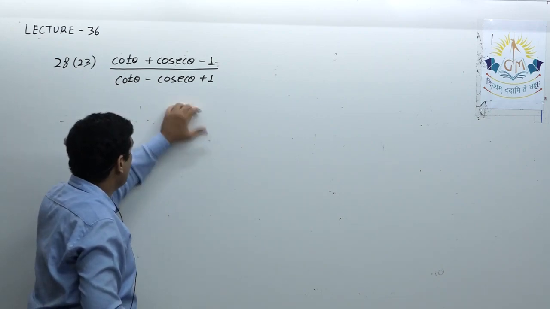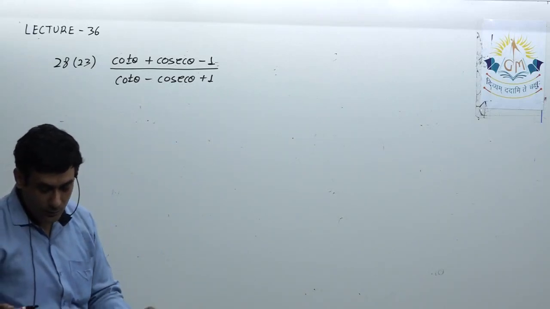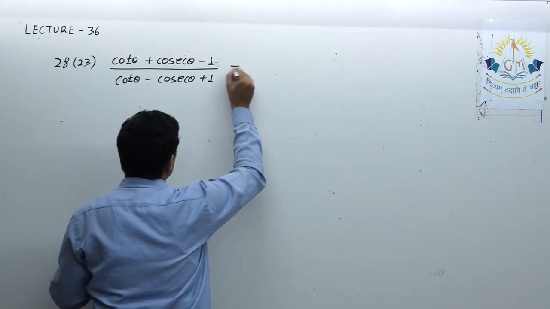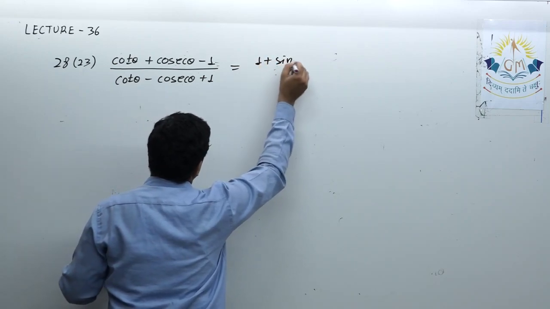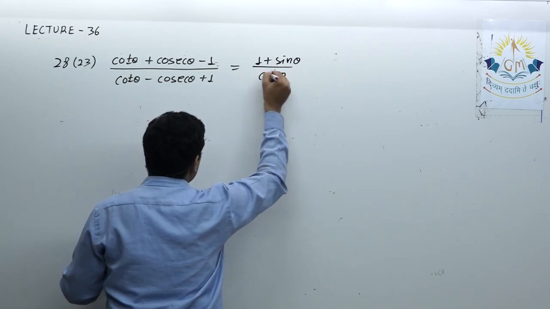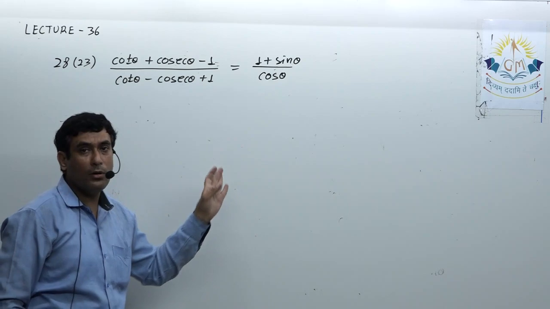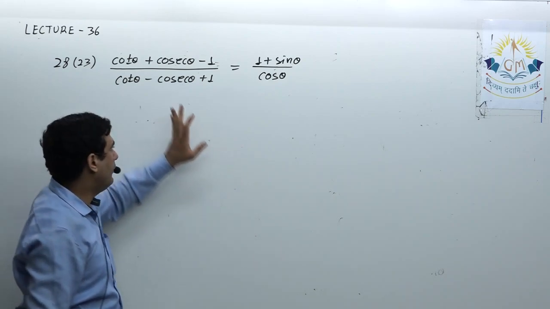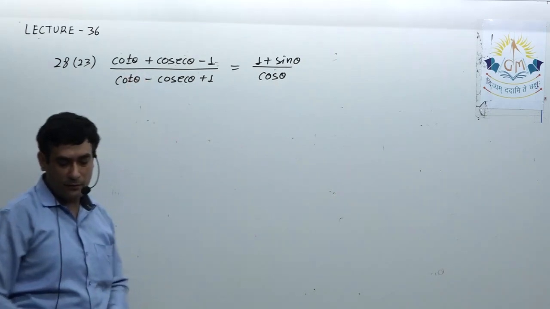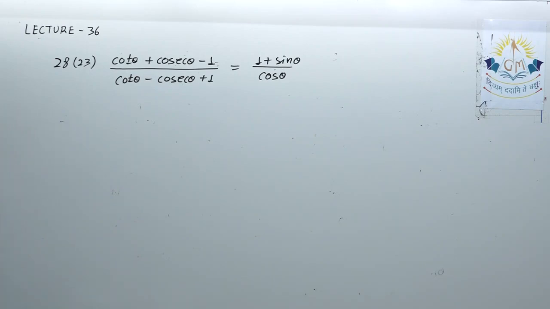See, here it is already in that form, so no need to divide by anything, because whenever there are three terms in the numerator in this way, then we generally convert into the sec theta tan theta form or cot theta cosec theta form. Here it is already in that form, so you can directly start solving this. So think for a while, then I will give the solution.